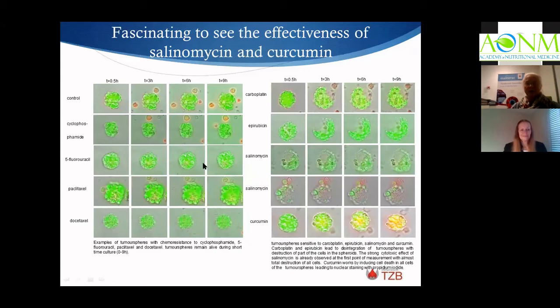These are conventional substances like taxanes. They don't touch the spheres, but with salinomycin, you can see how the spheres from the beginning start to die. Sometimes some of the cells survive, and curcumin also is effective in tumor spheres.